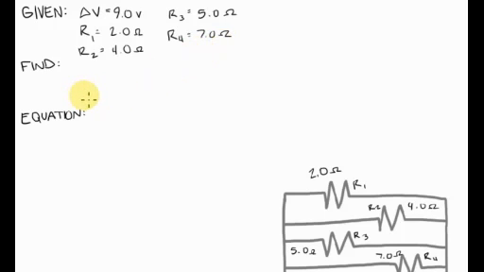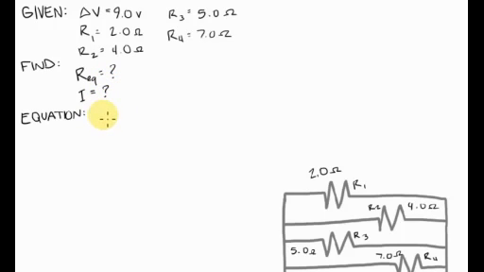Alright, now what are we looking for? What do we need to find? We're solving for the equivalent resistance and for the total current, and that is I. And so the equation we're going to use is the same one that we used for solving for resistors in series.